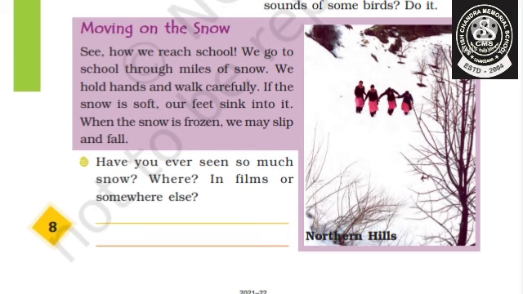So look at this picture, children. In the northern hills, children go to school through miles of snow. They hold hands and walk very, very carefully. If the snow is soft, their feet sink into it. And when the snow is frozen, they may slip and fall. That is why it is very difficult to walk on snow, right? Let's move to the next question, children.